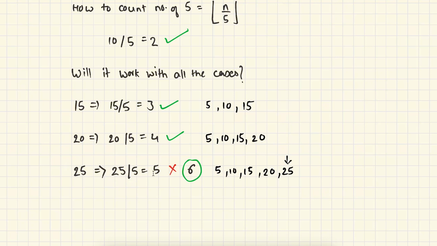But the factorial of 25 has 6 trailing zeros. So what is happening here? 5, 10, 15 and 20 each contribute one 5, but 25 is contributing two 5's, because 25 is made up of two 5's: 5 into 5 is equal to 25. So our solution is not working here. Let's see how we can fix it.